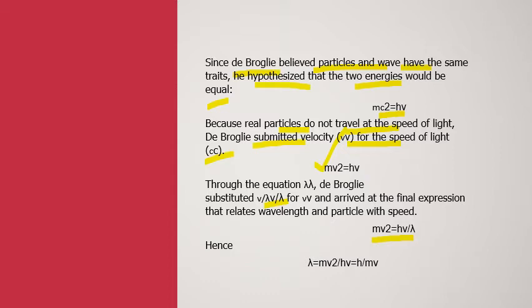Then we can simplify the equation. The wavelength of a particle can be determined as mv square upon hv, cancel, lambda equals h upon mv, or we can also say that lambda equals h upon p, where p is momentum.